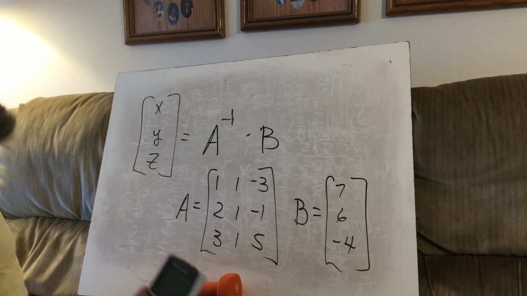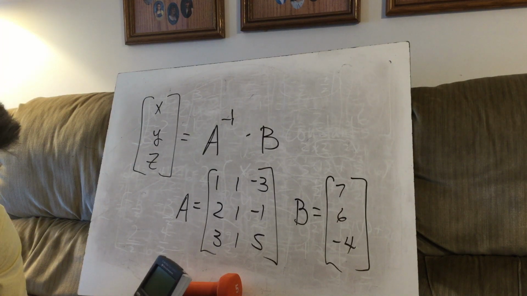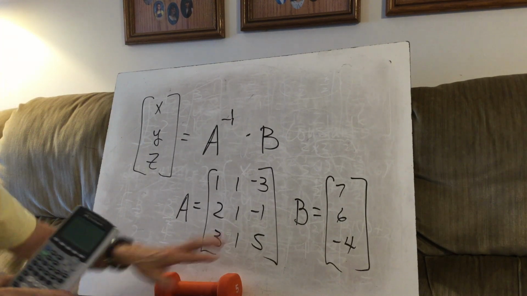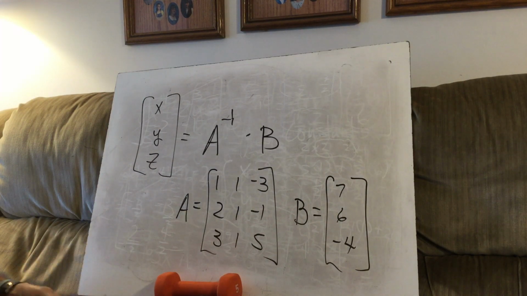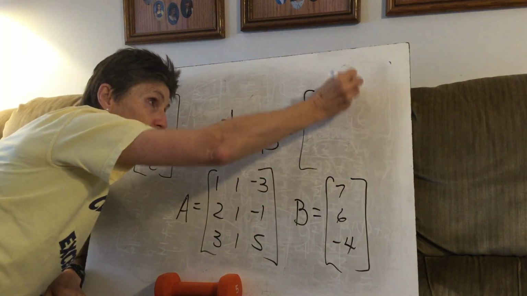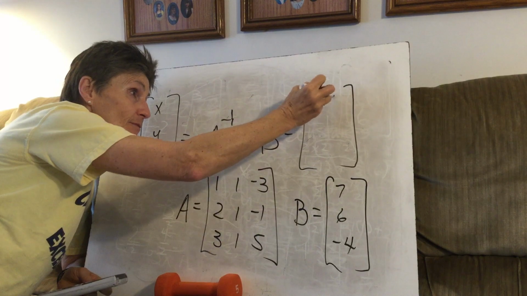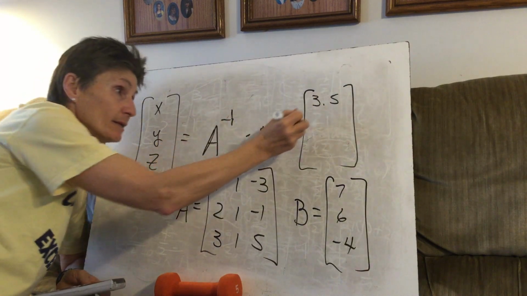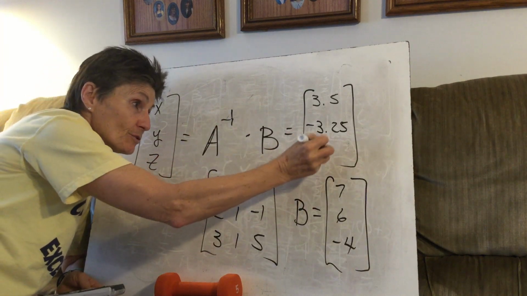Then hit times because we're going to multiply it. And then back into second matrix. Go down to B. Hit enter. And now it says this on the calculator. Press enter and it gives you your answer. So the answer to the problem is 3.5, -3.25, and -2.25.